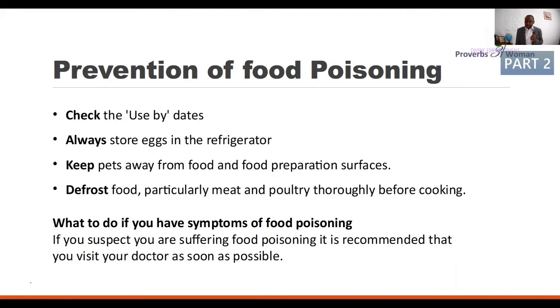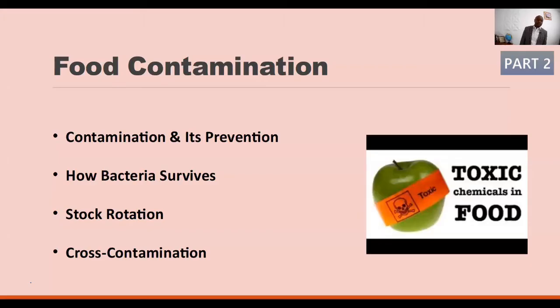Visit your GP to make sure they give you some solution, because food poisoning illness can be nasty. It can be very dangerous. If we don't get help on time, sometimes it can result in death. So as soon as we have those symptoms, we have to see the doctor as soon as we can.